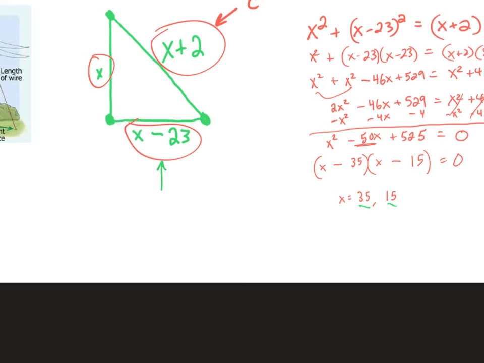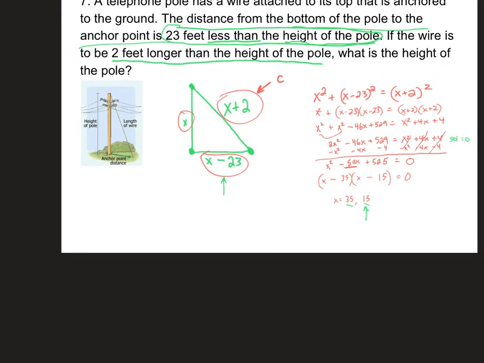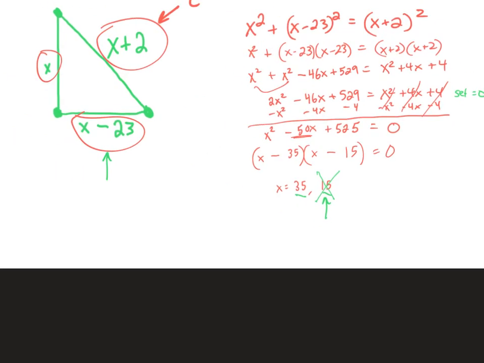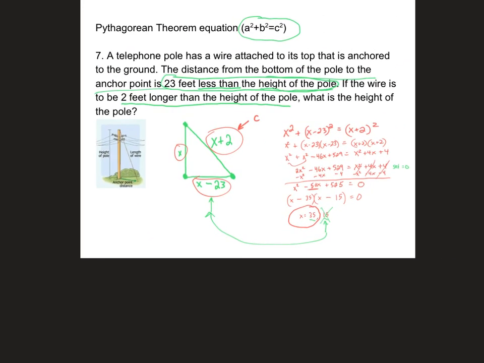But if you went ahead and kept this 15, 15 minus 23 would actually end up being negative 8. So you'd be saying the distance from the bottom of the pole to the anchor point would be negative. Cannot be negative, so this 15 we're going to toss out because it does not work there. So 35 is the height of the pole, and that's all we're looking for on this problem.